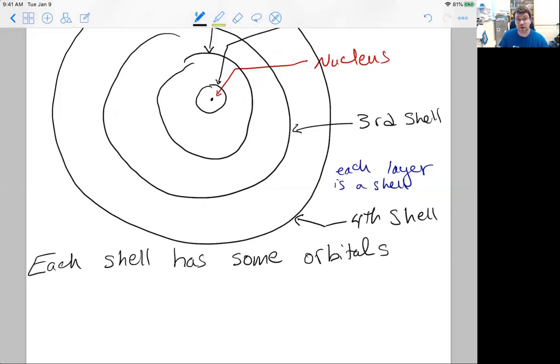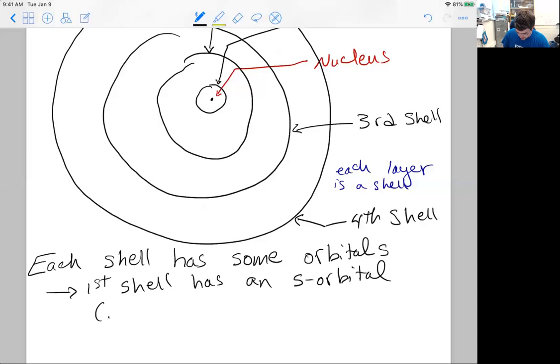And I should be careful about the use of the plural term orbitals, because if we look at this, the first shell only has an s orbital. So really, the first shell just has one orbital. The other shells have more orbitals.